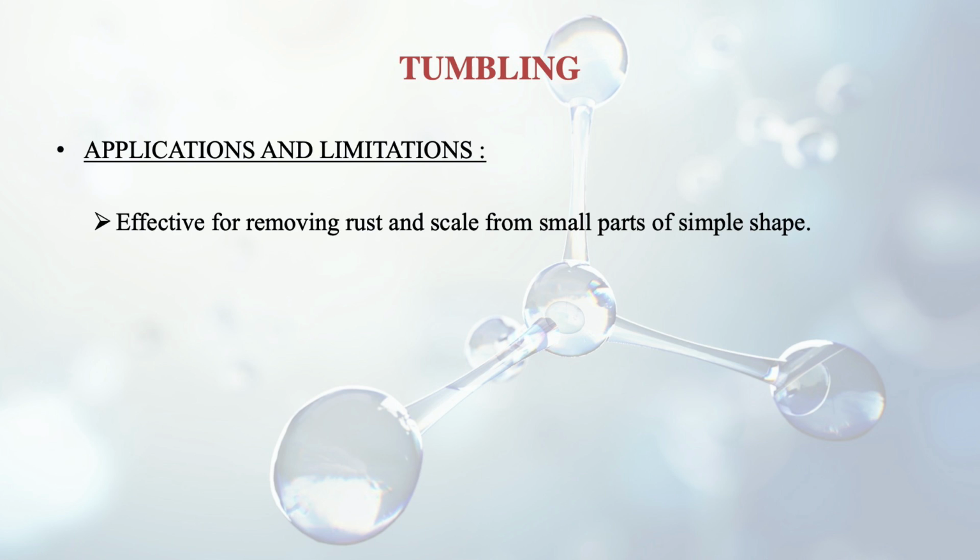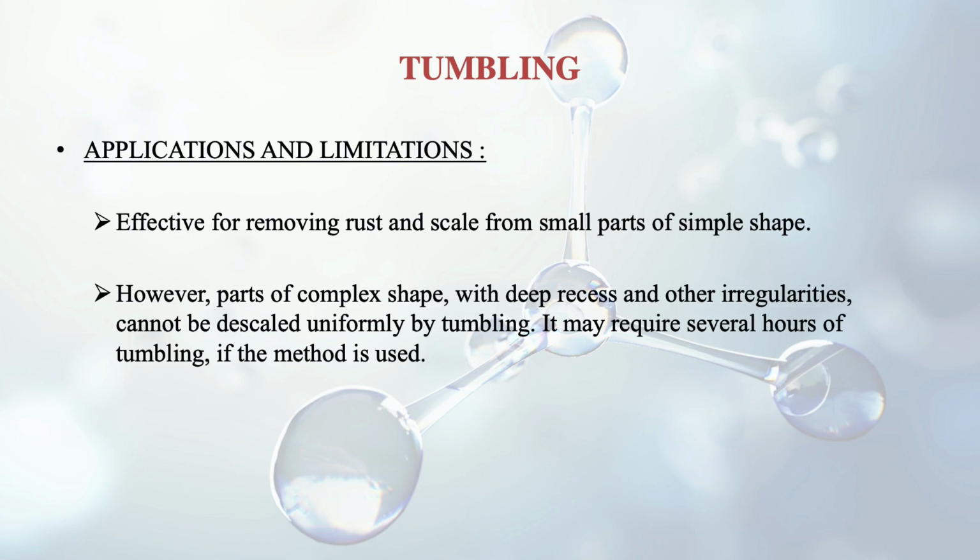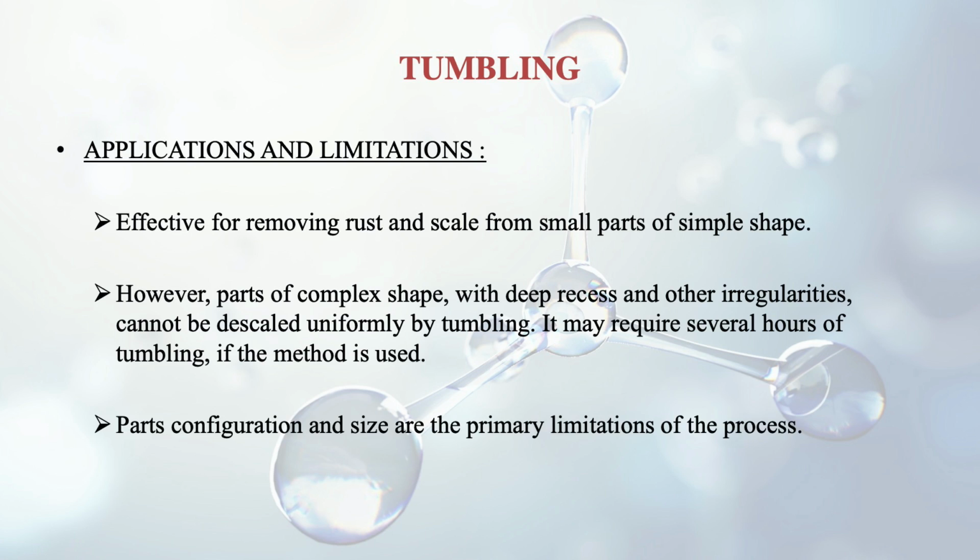But parts of complex shape with deep recesses, meaning if there is a certain recess or irregularity, cannot be descaled with it. And if we use it, it may require several hours of tumbling, so it will be time consuming. Parts configuration and size are the primary limitations in this process. So it can be used for small parts but without complexity. That is a kind of limitation.